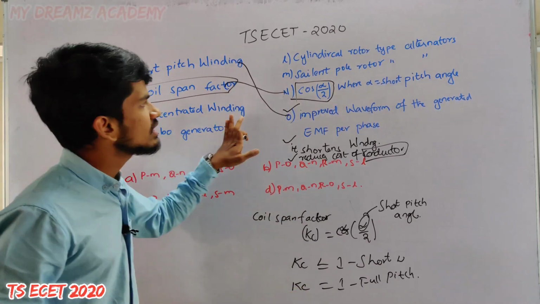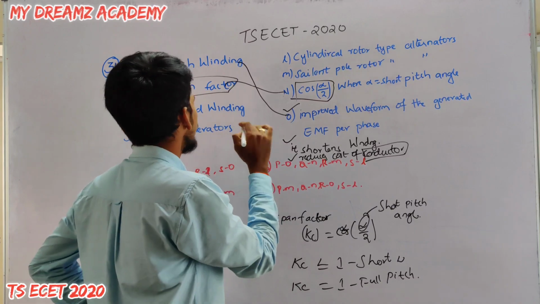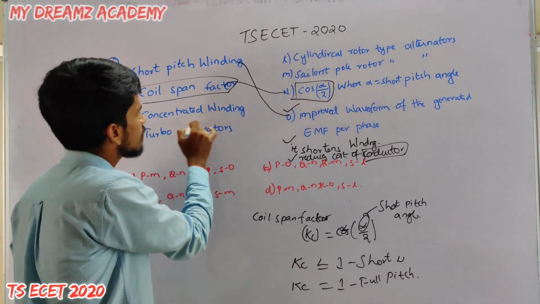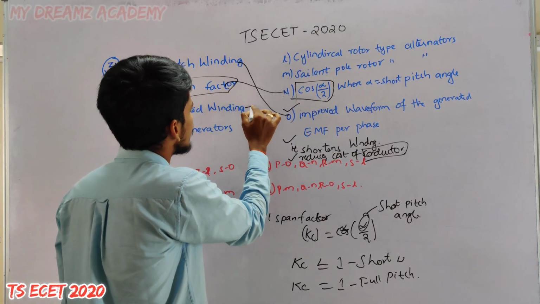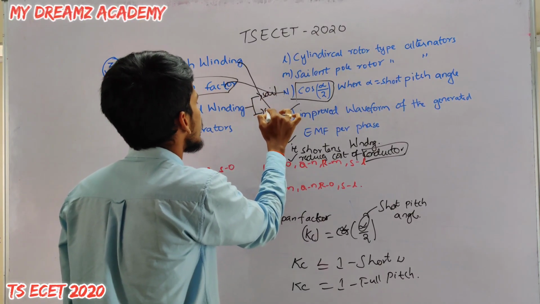Next, concentrated winding. Whenever you get the word concentrated winding, you need to be careful regarding whether it is silent pole or non-silent pole.